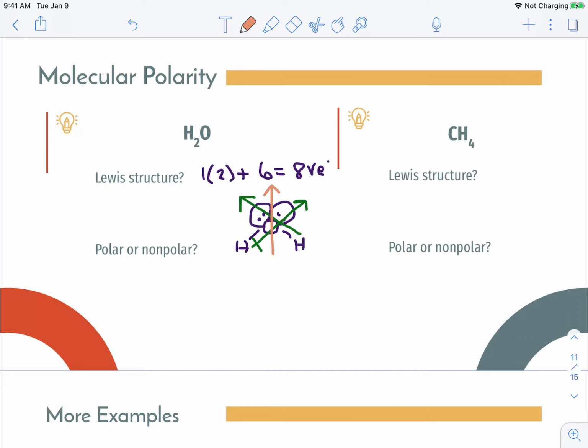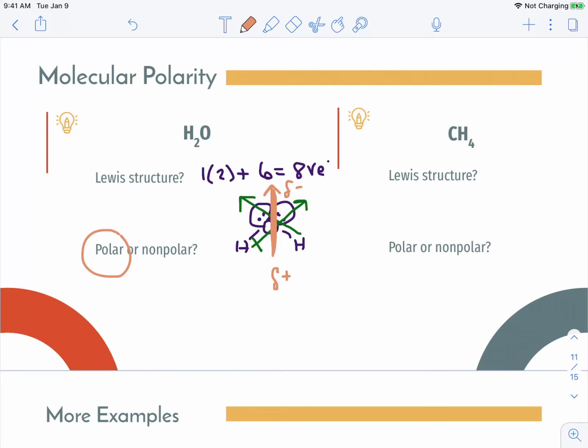So this total is going to end up being pulled upward, giving what we call a dipole effect here. This side will be more positive, so we say partial positive charge. And this side will be a partial negative charge. This is a polar molecule because oxygen's pulling harder in one direction, up and out, but more so up, okay? It's an unequal pull on the electrons, so it creates this dipole effect.